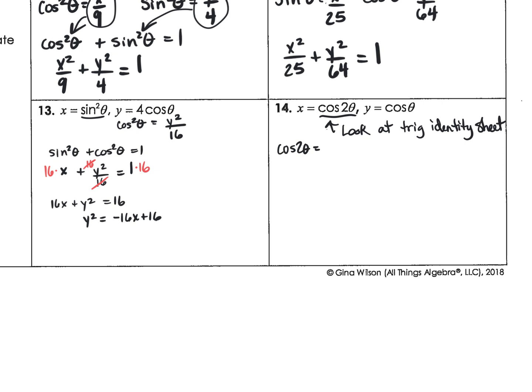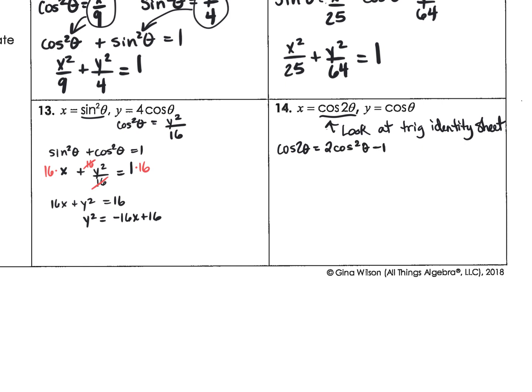You might need to know where those are anyway, because isn't that one of the things I said you could use on your test? Yep. It's cosine squared minus sine squared. 1 minus 2 sine squared. Or, 2 cosine squared minus 1.